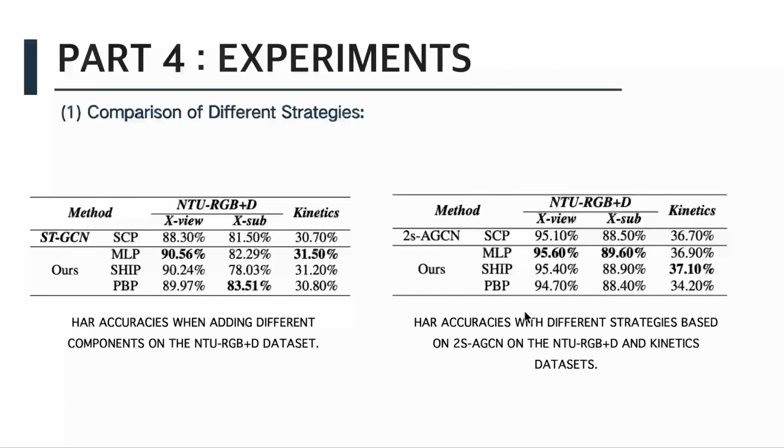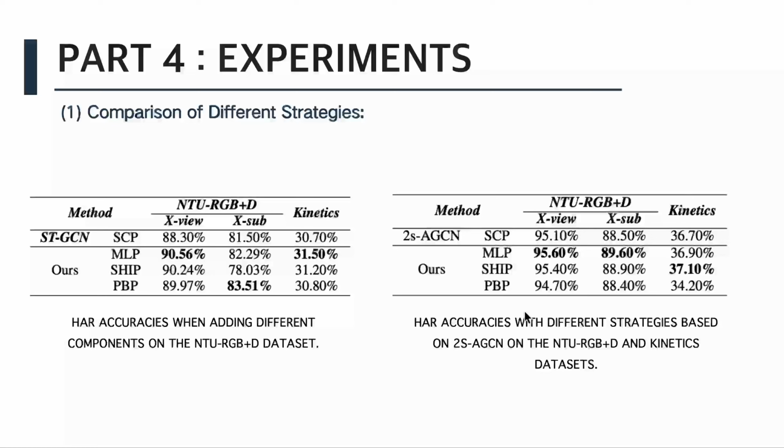In this part, I will experimentally validate the effectiveness of our proposed method. To explore the optimal strategy for enhancing recognition performance, we conducted comparative experiments across two datasets using two baseline models.